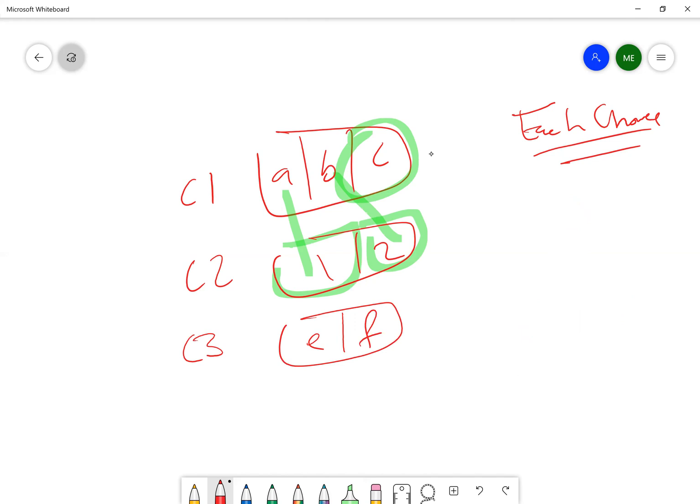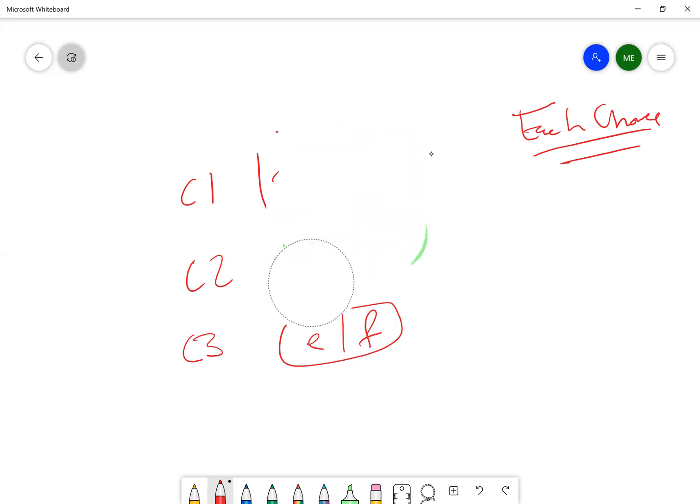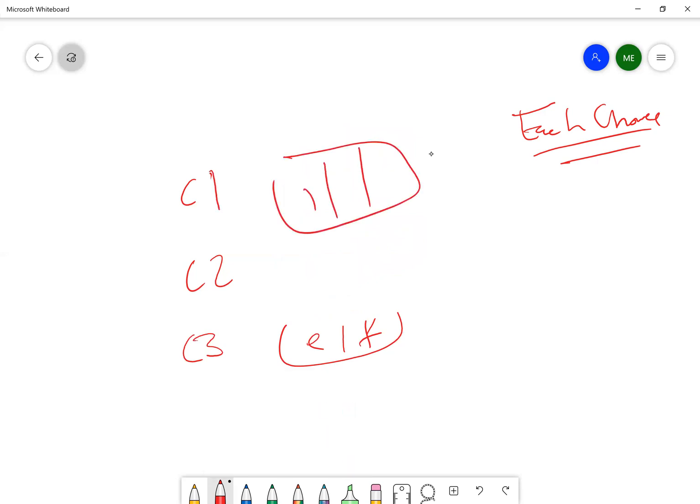Still three. Exactly, okay, because basically as I'm sinking down, I'll have to just delete this first. So C1 was, it was ABC.